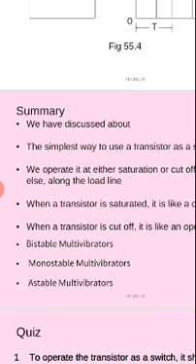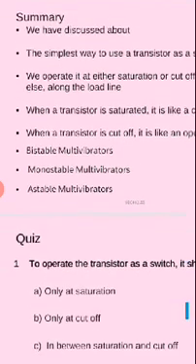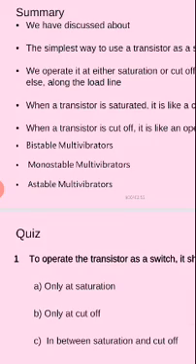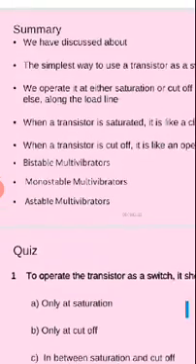Bistable multivibrators, monostable multivibrators, astable multivibrators. We discussed the basic points.